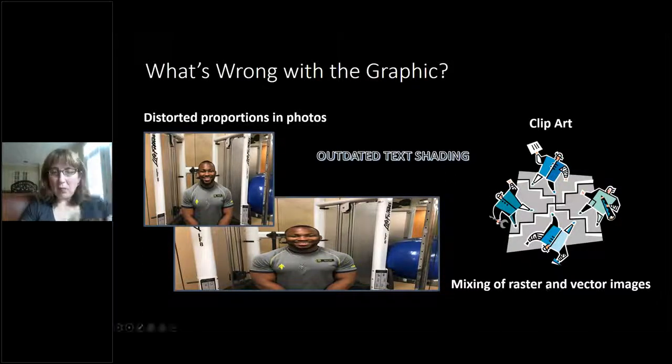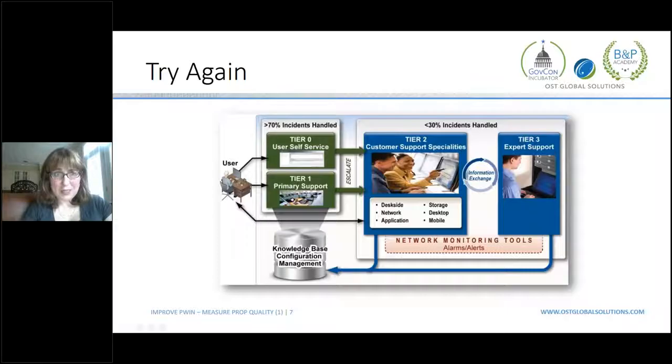Another one is mixing of raster and vector images. This is a vector image that's drawn. Raster is a photo. You should not have both in the same graphic. So this is just some of the sins in that graphic. Take a look again. See the cartoonish art, the mixing of raster and vector images. Look at the stretched out photo.